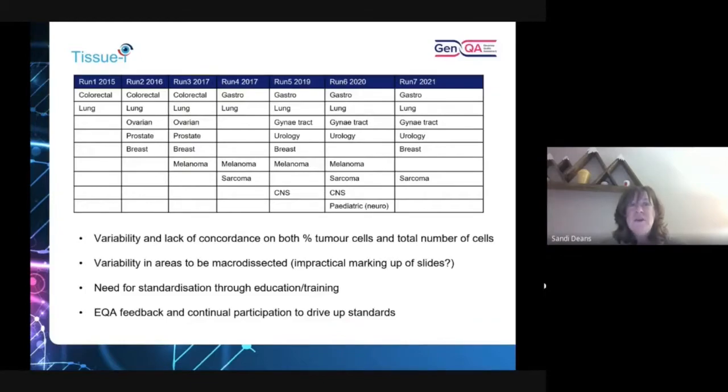So I think through the years we have determined that there is variability and lack of concordance, both on the estimation of tumour cell content and also cellularity, in other words, the total number of cells present. Also, we saw variability in areas to be macrodissected, but I think this is becoming much more standardised, and that's a very successful story for Tissue-i EQAs.